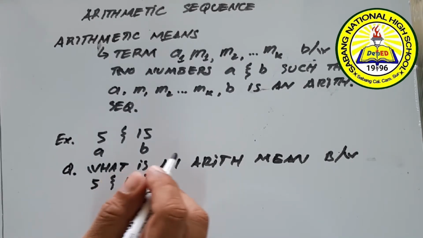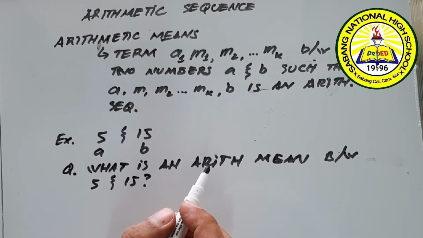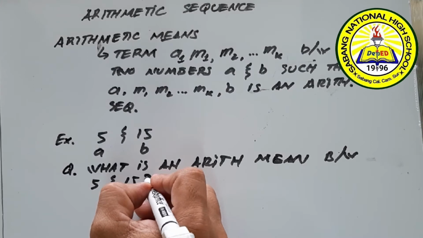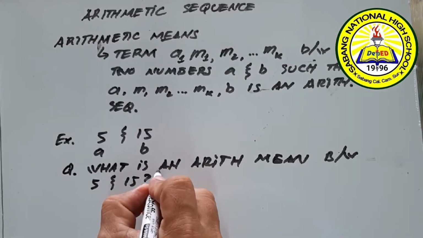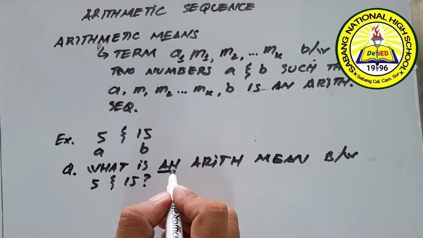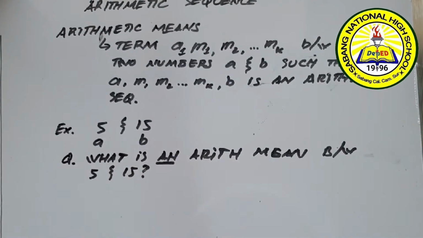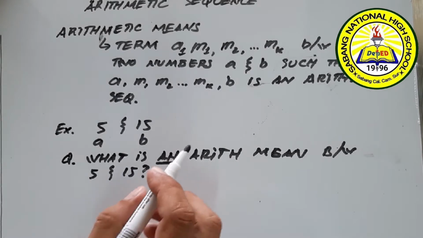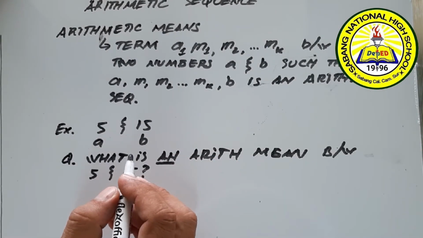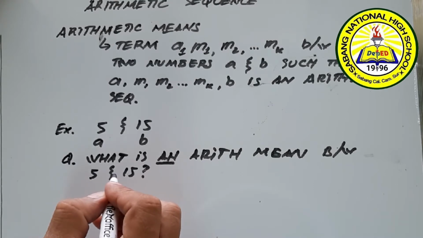Since what is being asked is only one arithmetic mean, how do we know that we are being asked for only one? Because of this word "an." This means there is only one number, or arithmetic mean, that is being asked. So what is that single arithmetic mean between 5 and 15?